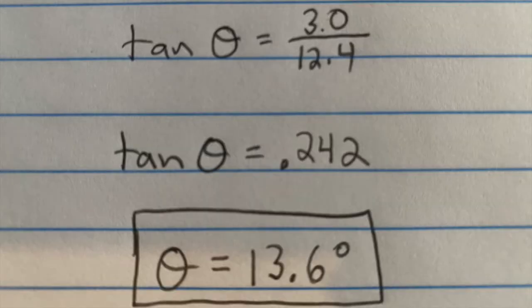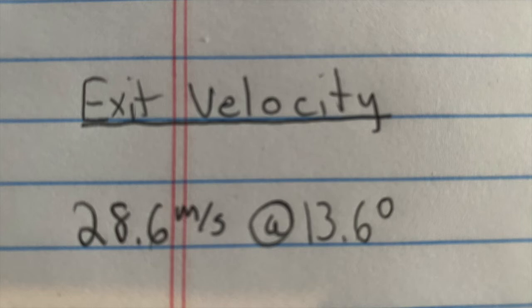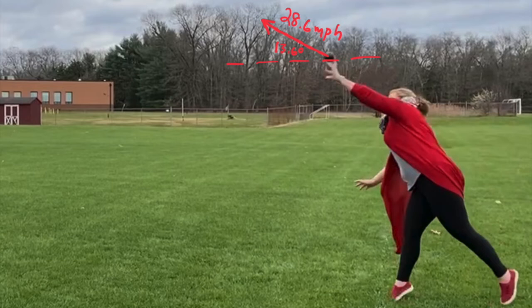We then used tangent using the two legs of the triangle and found that the ball left her hand at 13.6 degrees. We put it together, both the magnitude and the direction, and found that it left her hand at 28.6, that should say miles per hour, at 13.6 degrees.